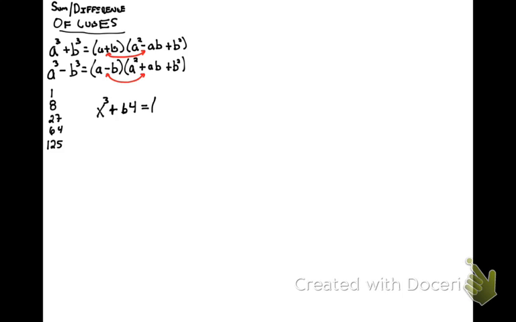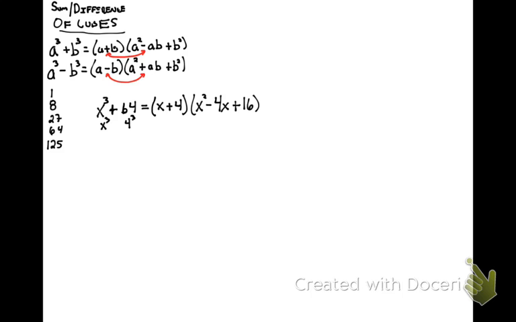In this case, a is x, because it's x cubed, and b is 4, because 4 cubed is what 64 is. So I have x plus 4 times a squared, so that would be x squared in this case, minus a times b, so 4x, plus b squared, 16 in this case.